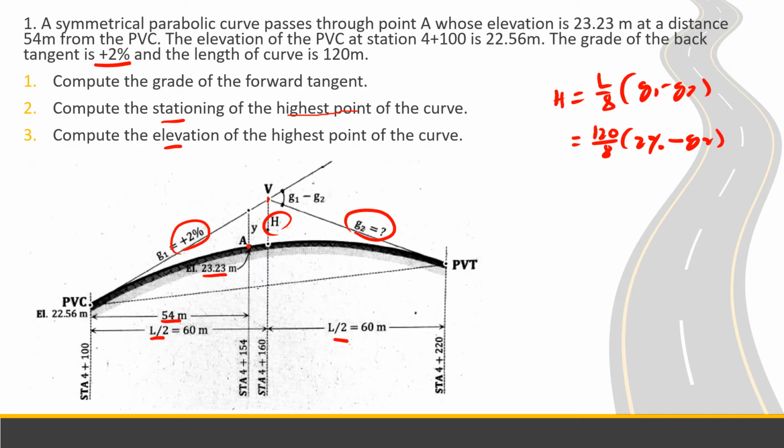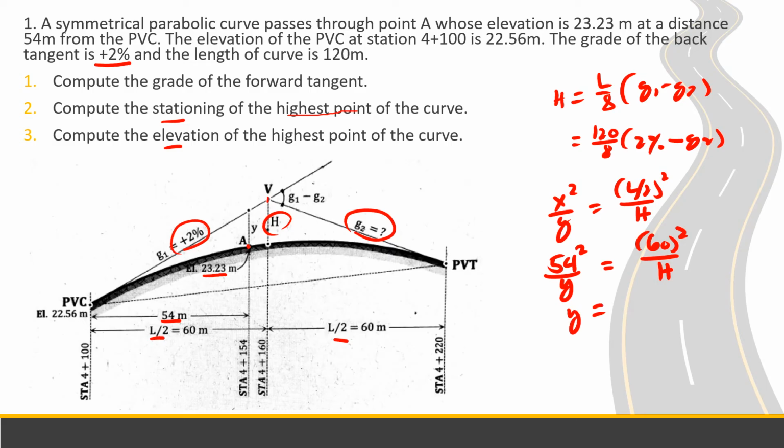Okay, so by square property of parabola, x squared over y is equal to L over 2 squared over h. So x is 54 squared over y, which is equal to L over 2, 60 squared, over h. So y is equal to 54 squared over 60 squared times h.